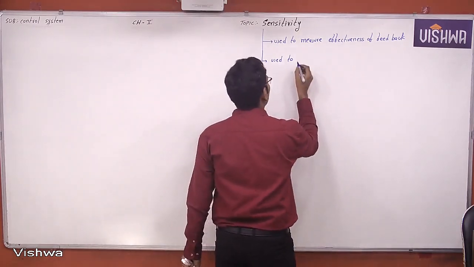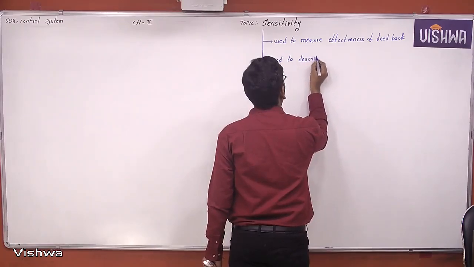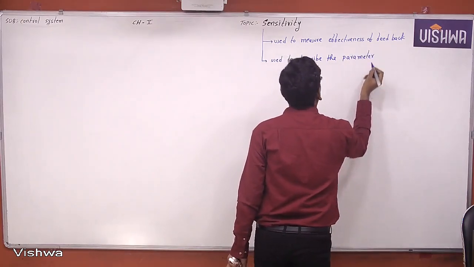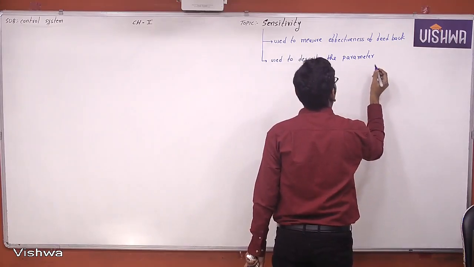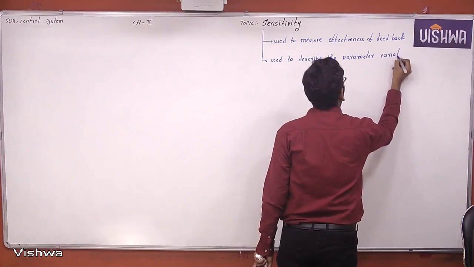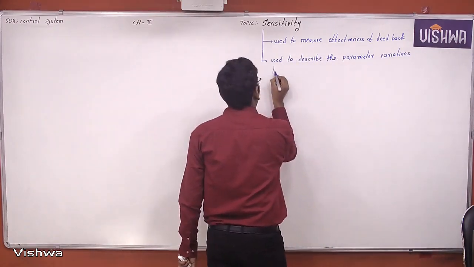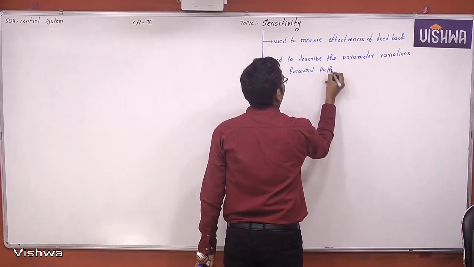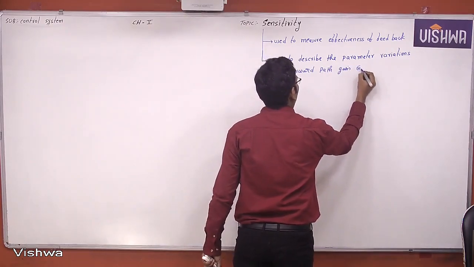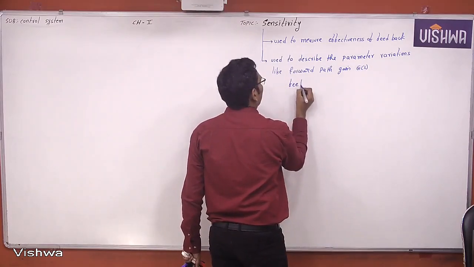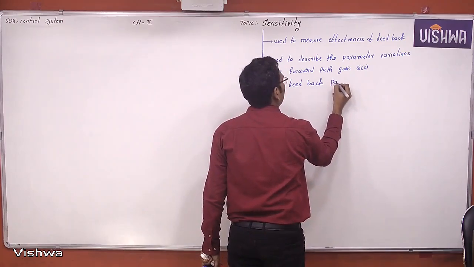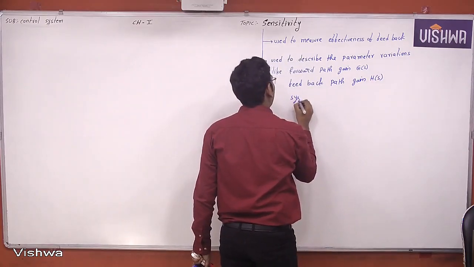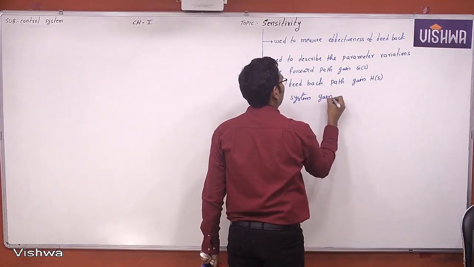Next, sensitivity is used to describe the parameter variations, like forward path gain G(s), feedback path gain H(s), system gain K, and so on.